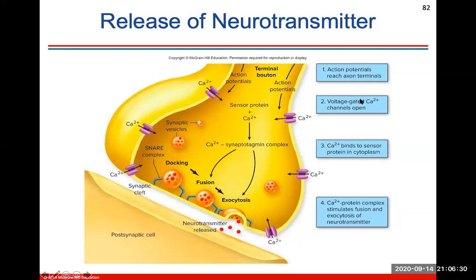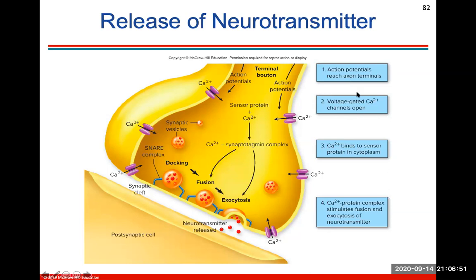This is a very good summary of the release of the neurotransmitter, and you should probably know these four steps. The action potential, which we understood goes through repolarization and depolarization through the sodium-potassium pump and sodium and potassium channels, will then reach the axon terminal where the neuron ends.